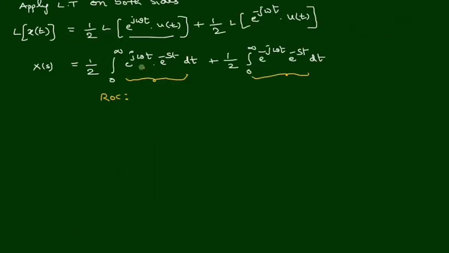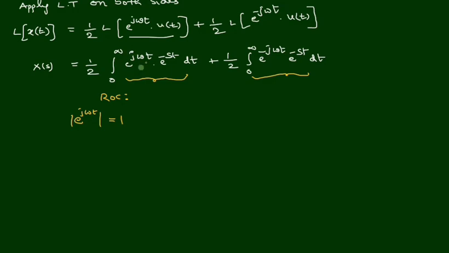From this expression, we'll note the region of convergence, that is, the existence of the Laplace transform for this complex exponential signal. As we know, the magnitude of e power j omega t is equal to 1 irrespective of the values of omega t. Even as we change t from 0 to infinity, the magnitude of this function will be the same.